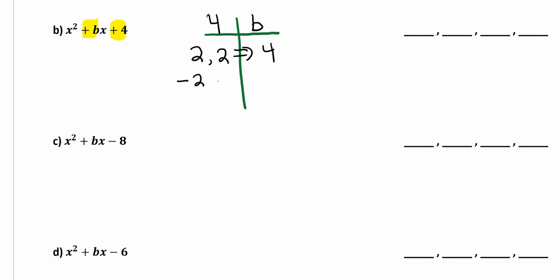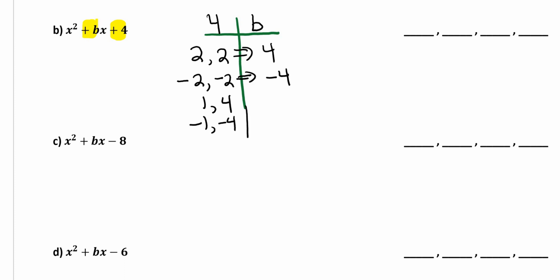Another combination that would work would be negative 2 and negative 2. That gives you positive 4 when you multiply them, and if you add them you get negative 4 in that case. Another combination that would work is 1 and 4 and negative 1 comma negative 4.